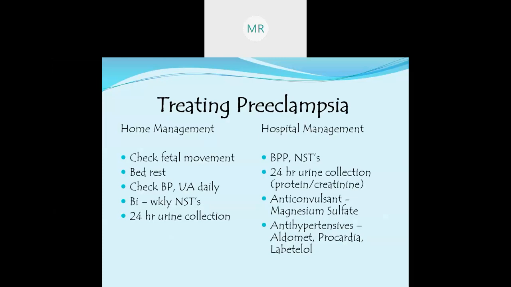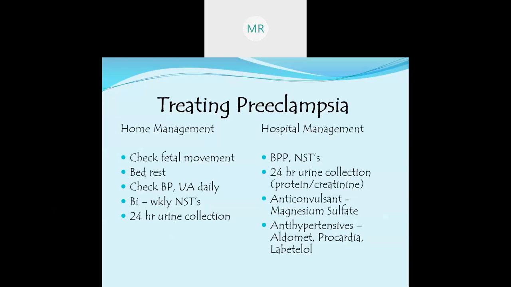At home, we can check fetal movement, bed rest. She could check her blood pressure. She could do a urinalysis daily. She'll have somebody take her to get her biweekly non-stress test, or if she could still drive, take her. Some mamas as they get into their third trimester, the seat belt and steering wheel are too close to their bellies. We'll have somebody driving them around, especially if they're getting hypertensive. They don't want to stress out more at the wheel.